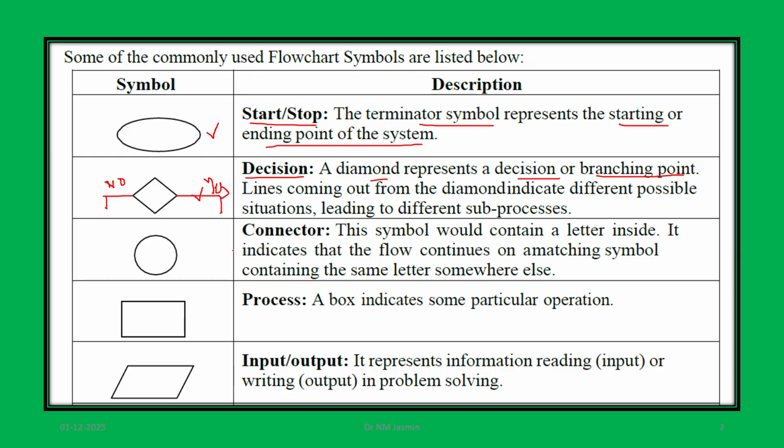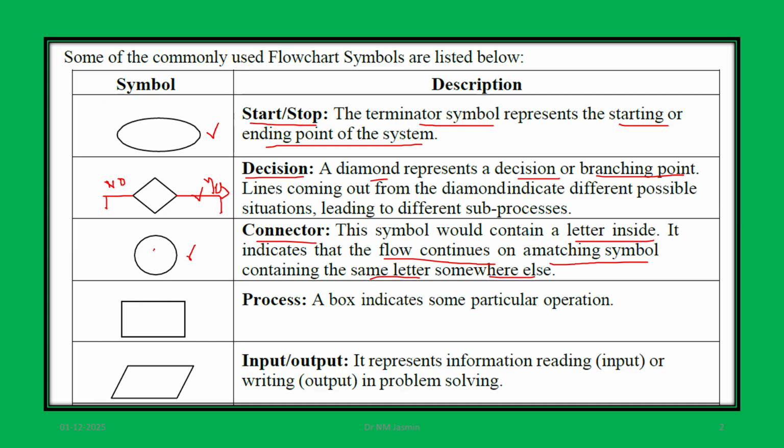Next, move on to the connector. The connector we are representing with a circle as a symbol. This symbol mainly contains a letter inside. Okay, here you can see some letter inside this circle, which indicates that the flow continues on a matching symbol containing the same letter somewhere else.